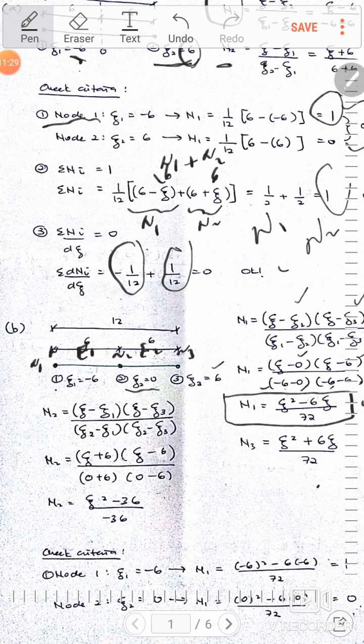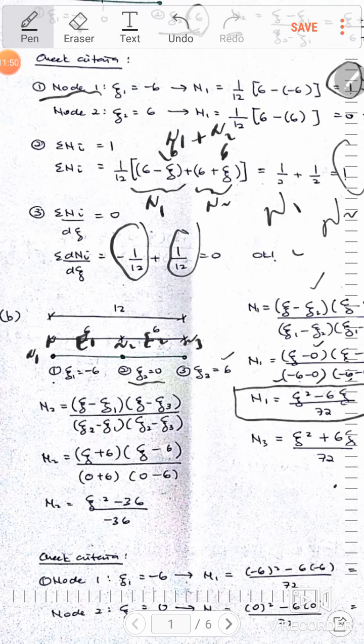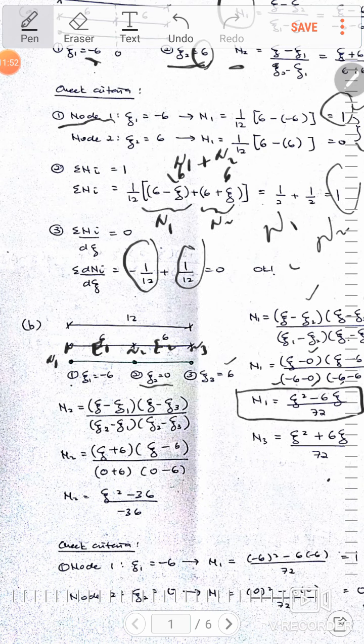Zeta 2 minus zeta 1, I go to the previous, and then continue to the other points. So here actually you can write zeta 2 minus zeta 2, but it will get 0, so it should be neglected because it has no value, empty.